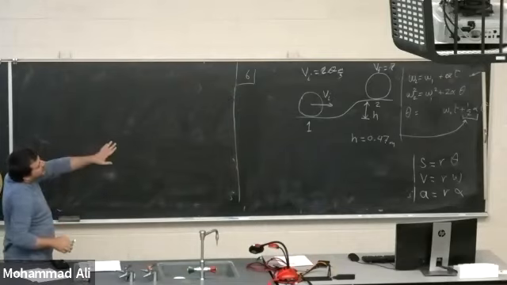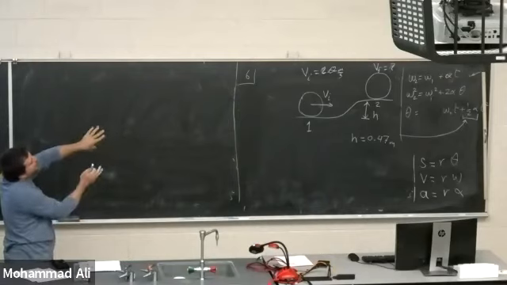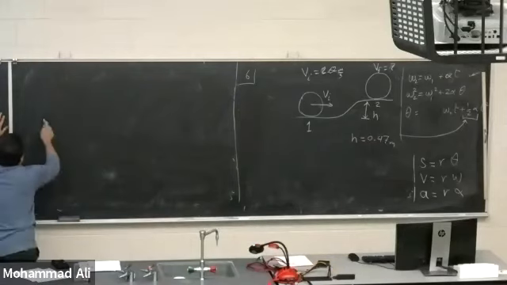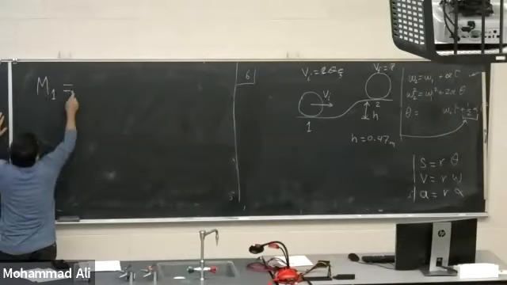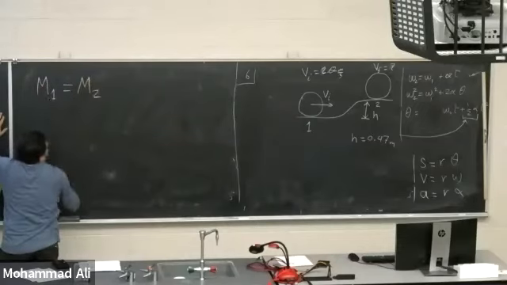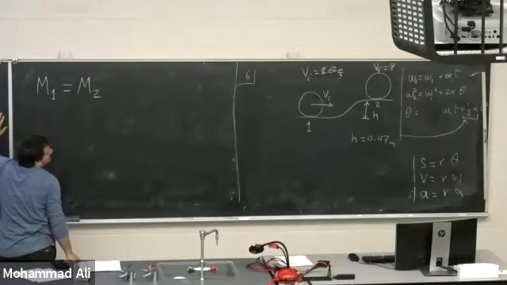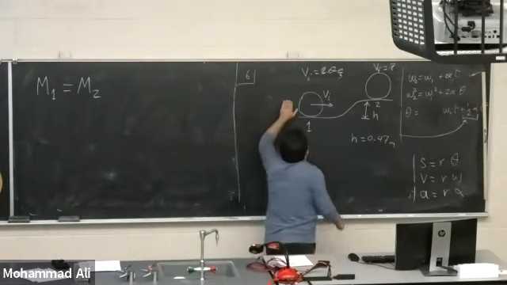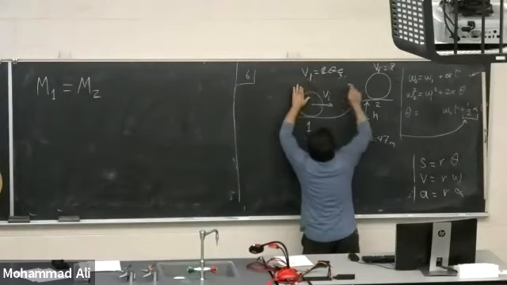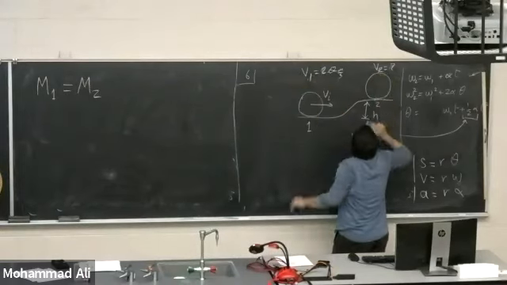Now we have a mechanical energy in the first position. We have a mechanical energy in the final position. So the mechanical energy initially should be equal to the mechanical energy finally. I'll name this 1 and 2, not initial and final.